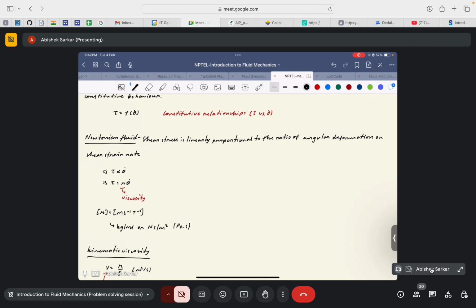But in the case of gases, it is the transfer of molecular momentum. As the temperature increases in the case of liquids, the molecules move away from each other, so the intermolecular forces between them reduce. That's why as the temperature increases, the dynamic viscosity of the fluid will go down.